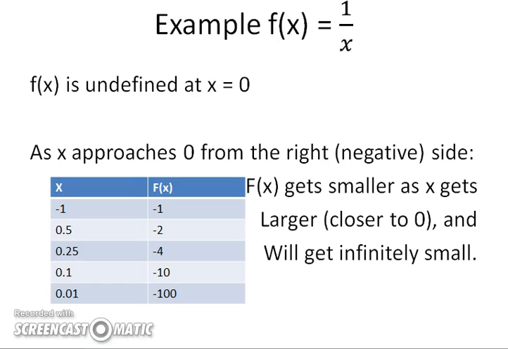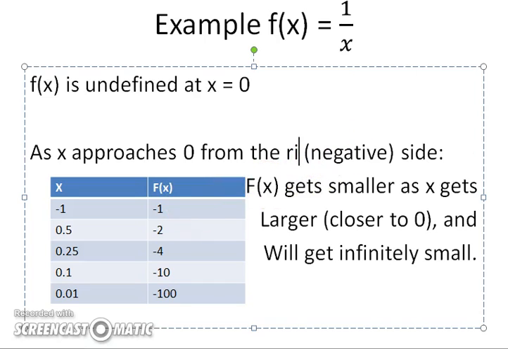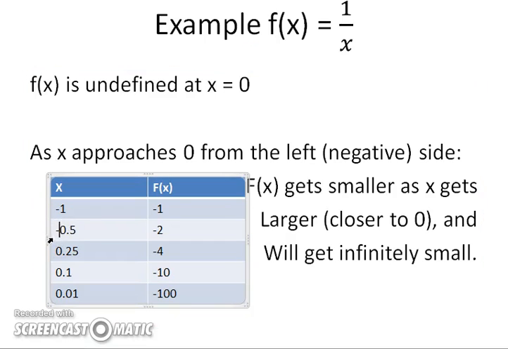If we approach from the negative side, as x approaches 0 from the left, let me change that. Or negative side, then f of x is going to get smaller as x gets larger or closer to 0, and will get infinitely small. So if we're going from the negative direction, these should all have negatives in them.